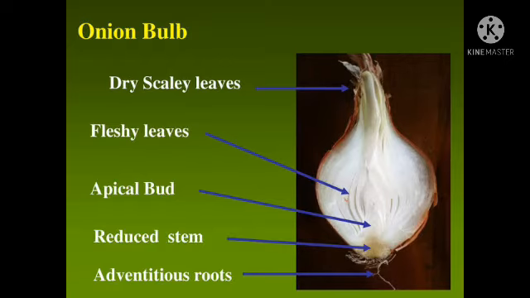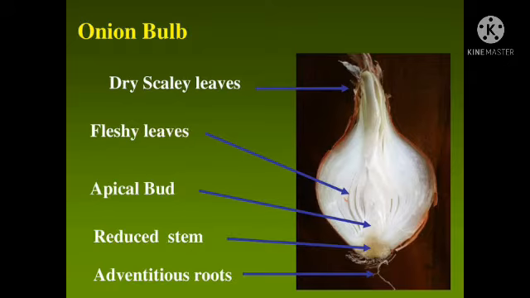Like the root, as I said earlier, helps the onion bulb to stand, while the stem is the part of the onion bulb where the growth starts from. While the apical bud is the cone-like shape at the middle.